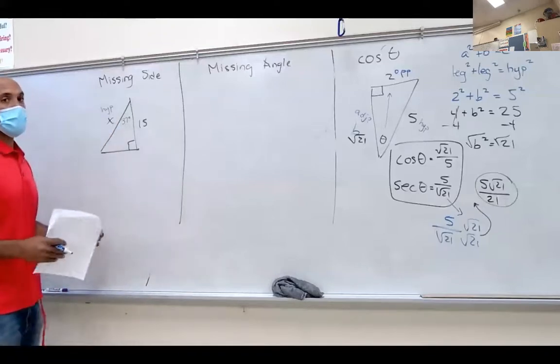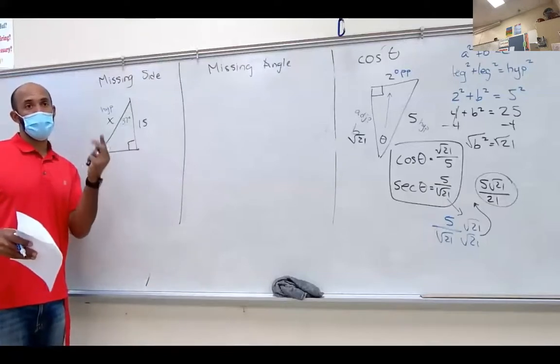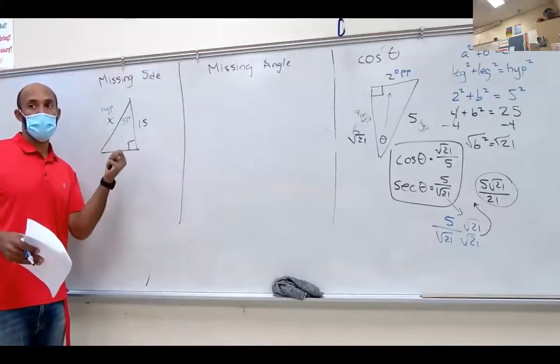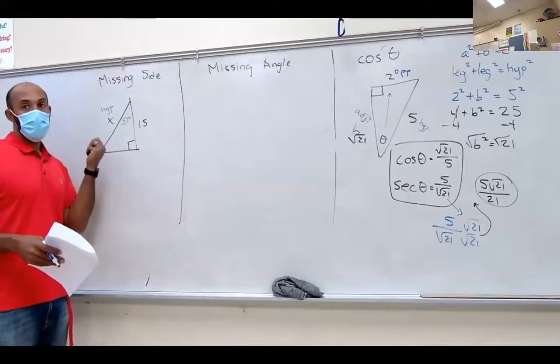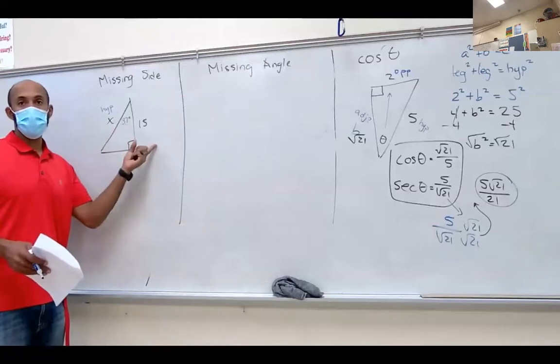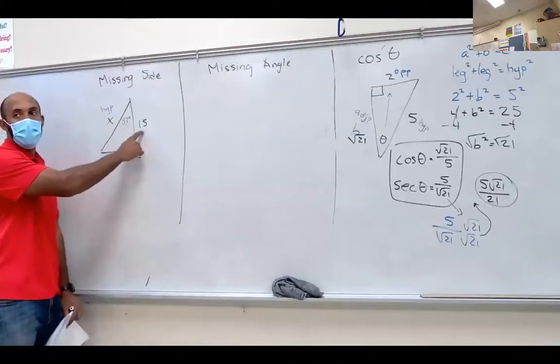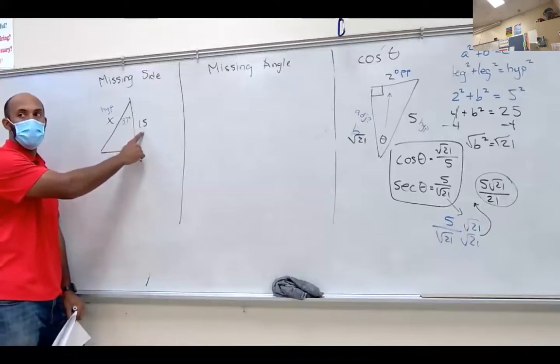Now, what we need to do is decide which function, sine, cosine, or tangent, we are going to use here. In order to figure that out, you got to know what sides you have, and what you are looking for. So if that's the angle, which side is that? Is that adjacent or opposite?